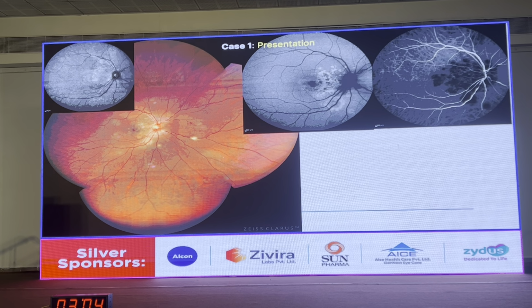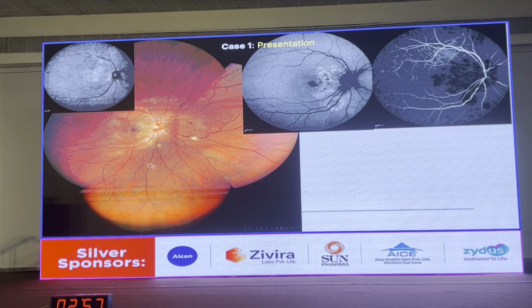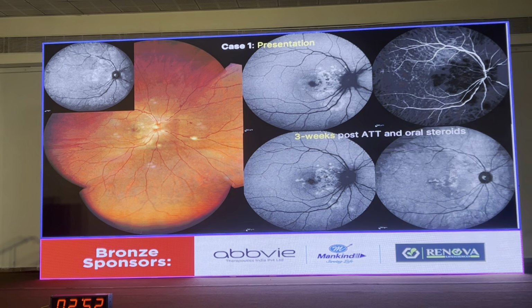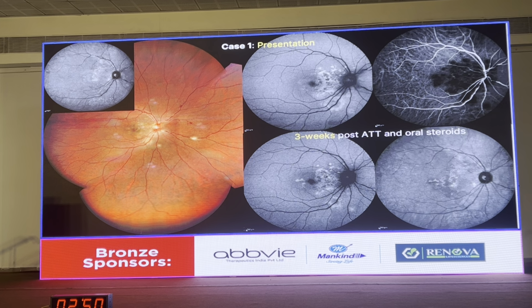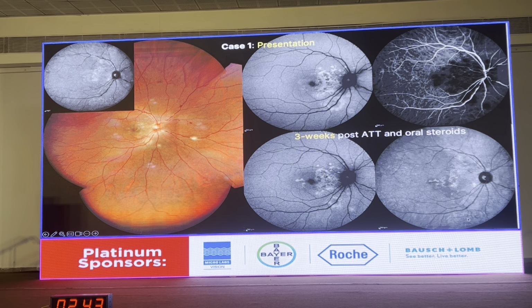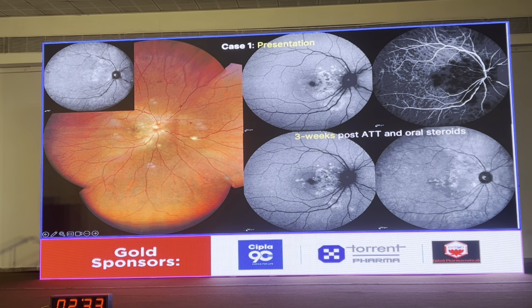And this is also seen when you look at the near-infrared imaging. The image is a little fuzzy, but it also tells you that the fovea is getting involved when you look at the NIR image. 3 weeks after anti-TB therapy and steroids, you see on the NIR image how the fovea is still involved. And if you have treated adequately, then these lesions will not progress, and you will keep thinking that the fovea is uninvolved in these cases, whereas you see on the ICG that it was.